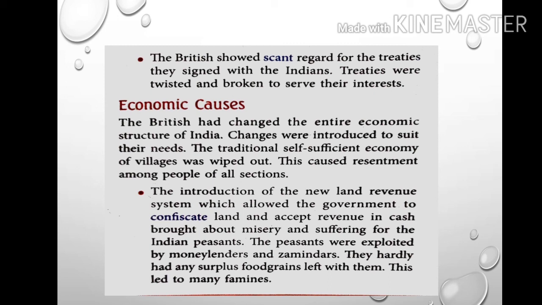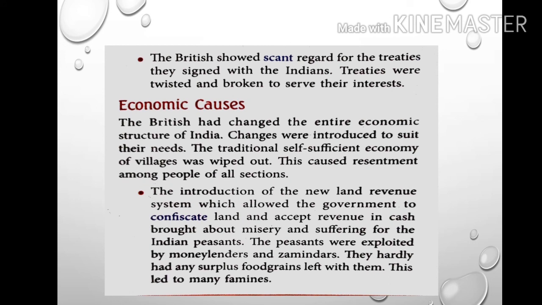The whole system created a lot of misery and suffering for Indian peasants. Peasants means agricultural laborers who have very small land holdings or no land at all. They either work on their own very small agricultural land, or they work in others' fields.